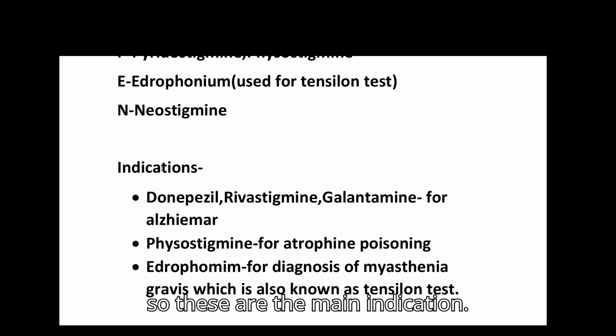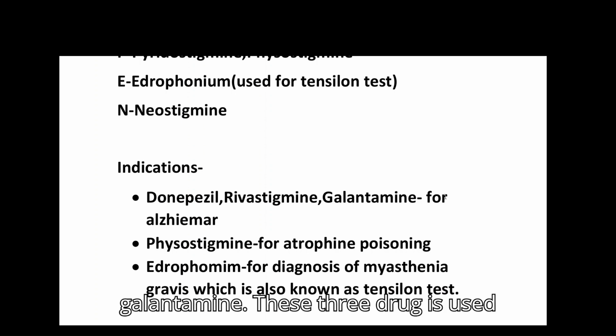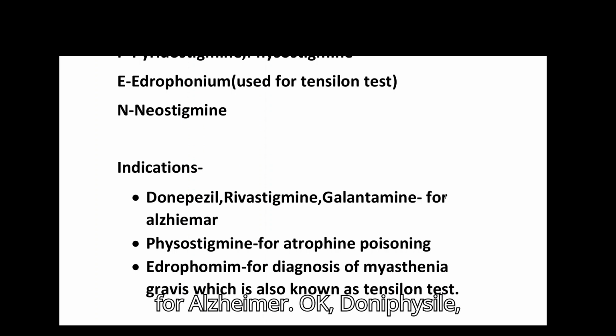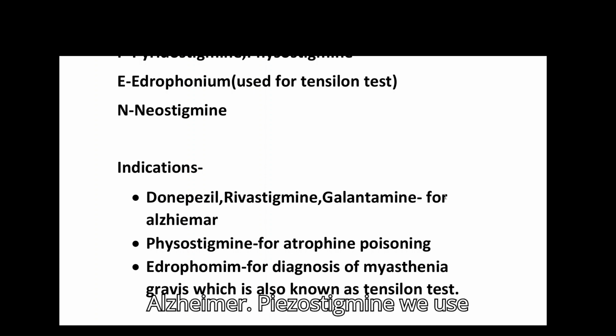The main indication of donepezil, rivastigmine, and galantamine: these three drugs are used for Alzheimer's. Physostigmine we use for atropine poisoning.